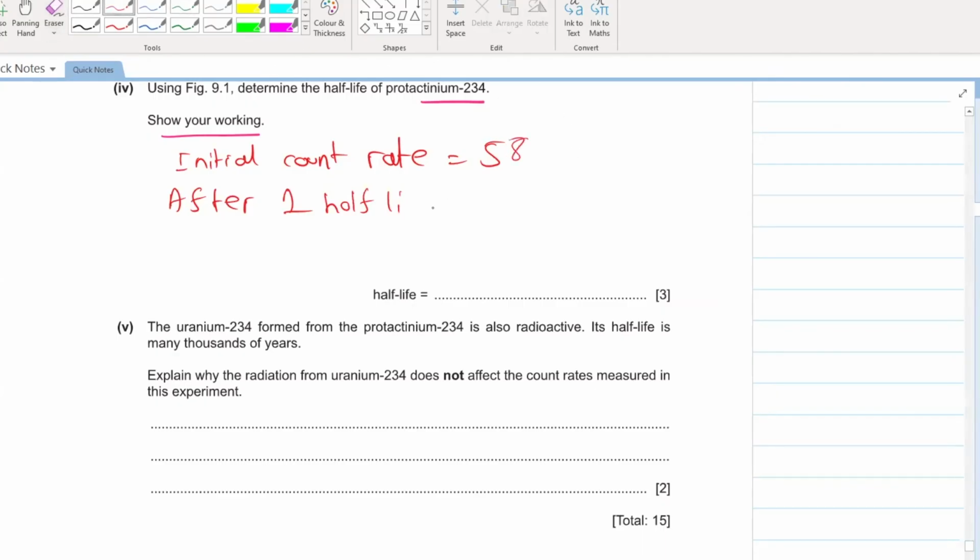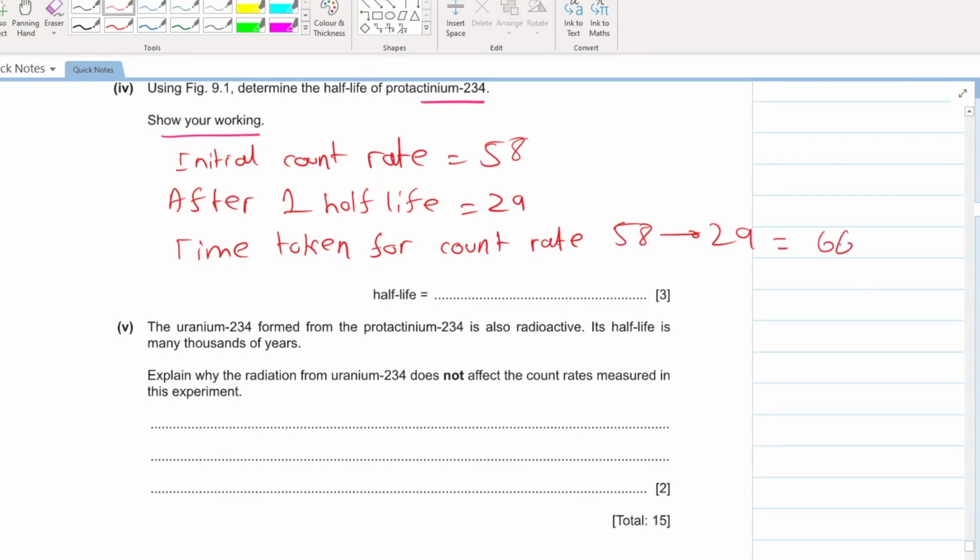After one half life, the count rate becomes 29. Perfect. Time taken for the count rate to go from 58 to 29 is what? 66 seconds. This is your half life.